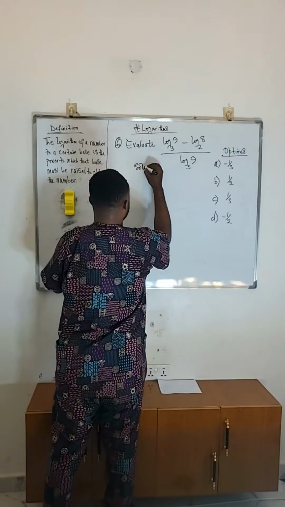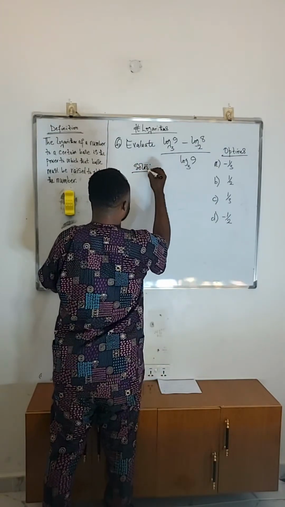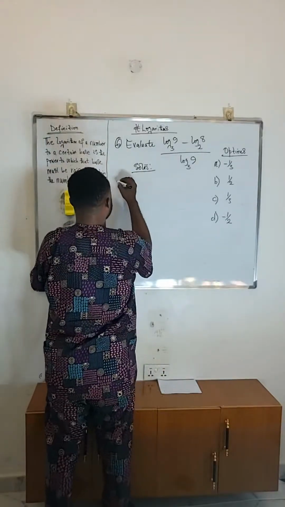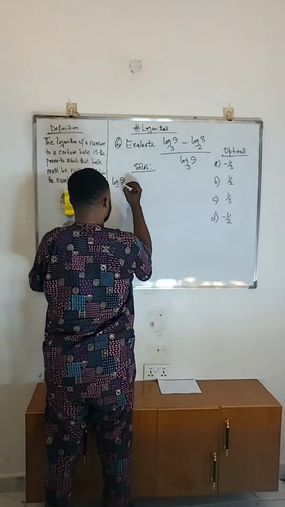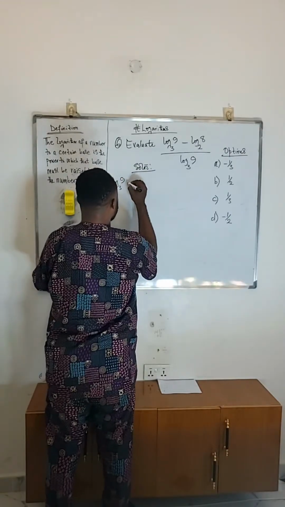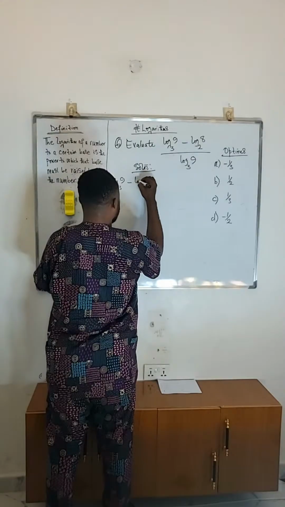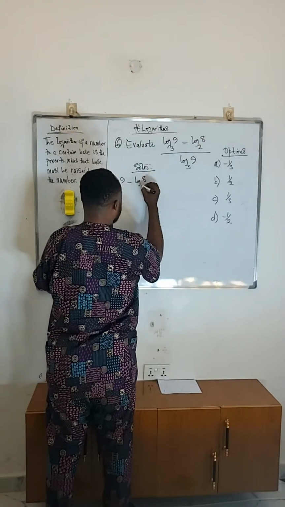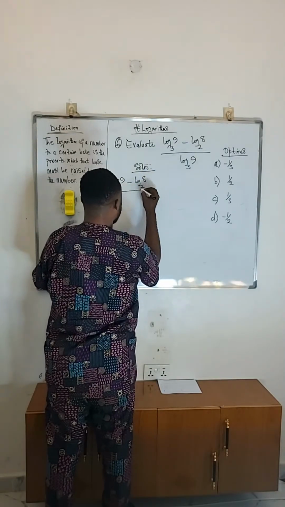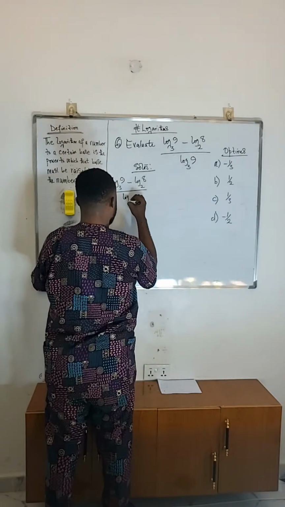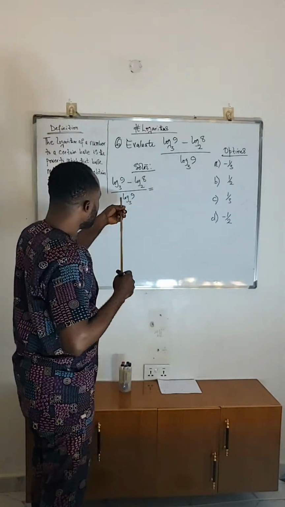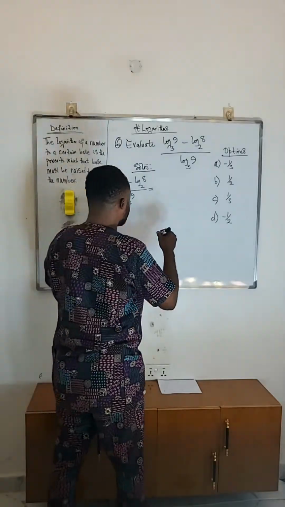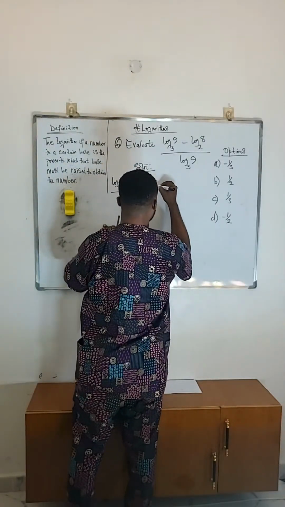All right. So the solution: we have log 9 in base 3 minus log 8 in base 2 all over log 9 in base 3. Okay, let's express 9 in terms of 3.